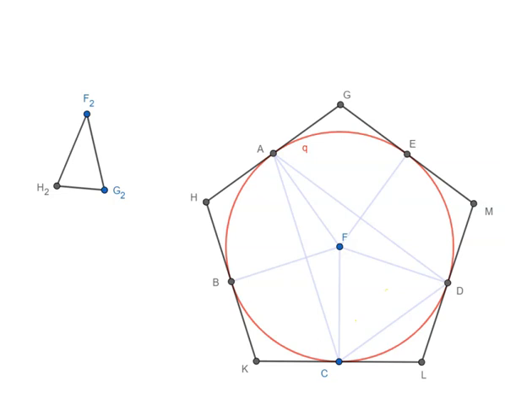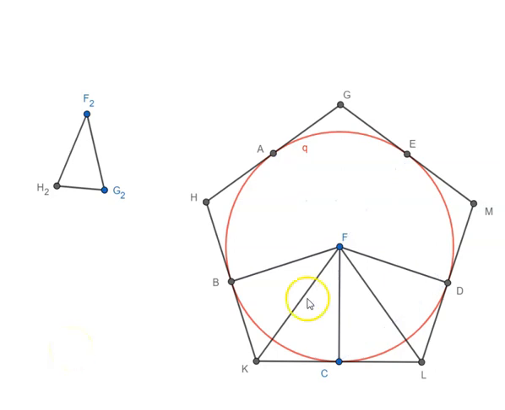So let's do some additional construction. Let's join F and K, F and L, BF, FC, and FD, and we can hide all these other lines that are not really required. Now let's proceed.